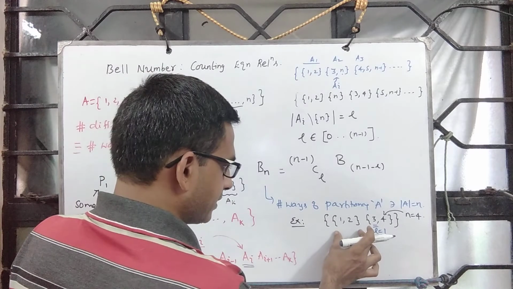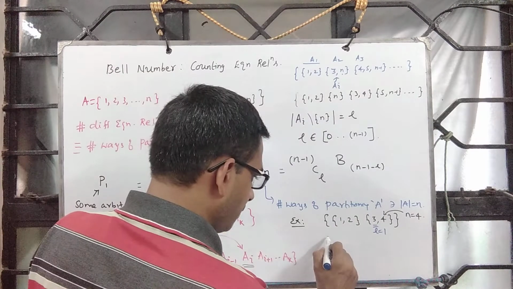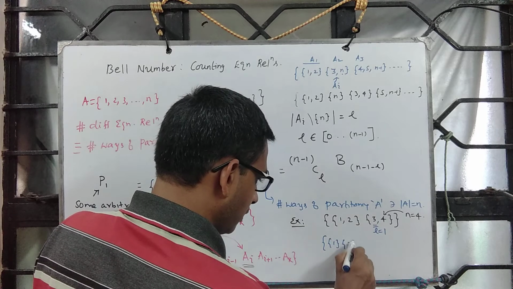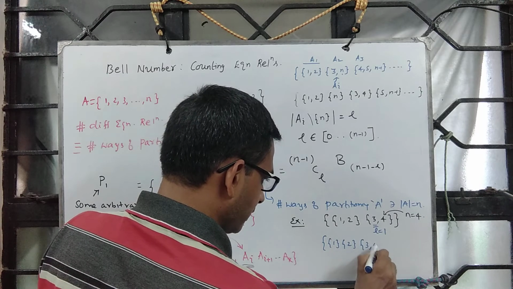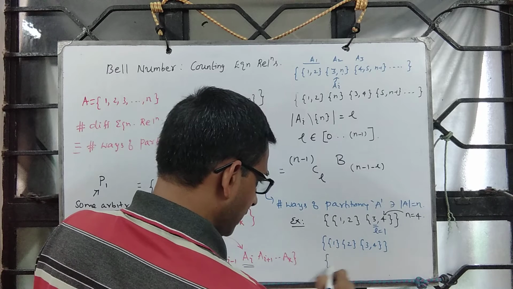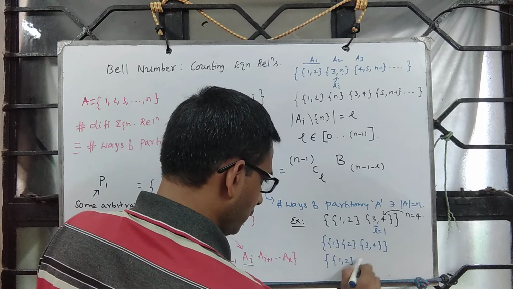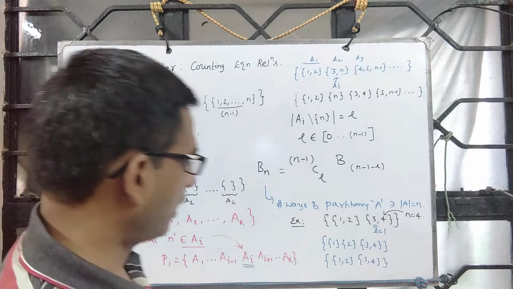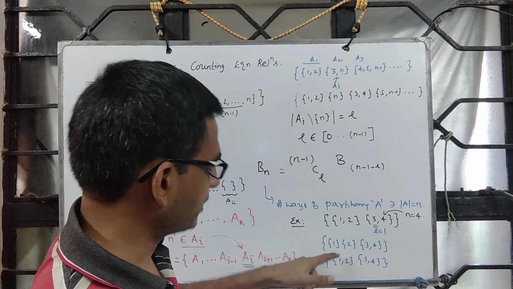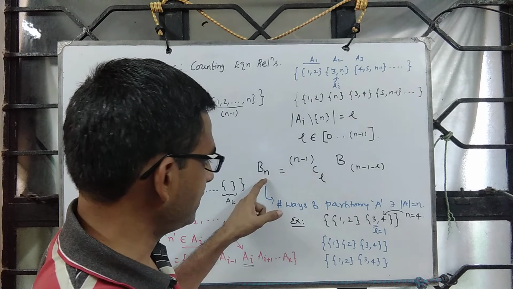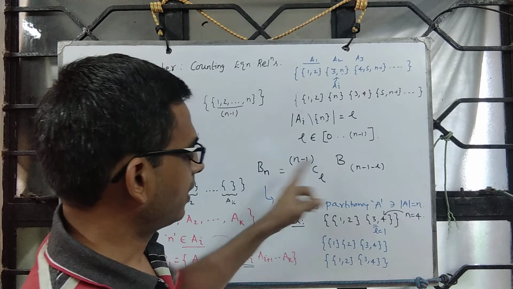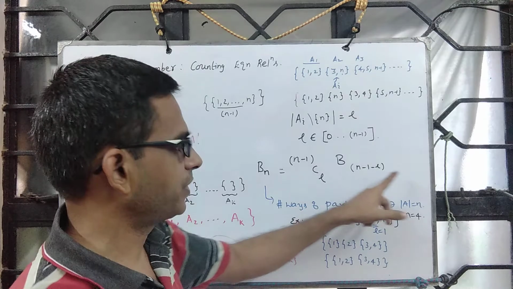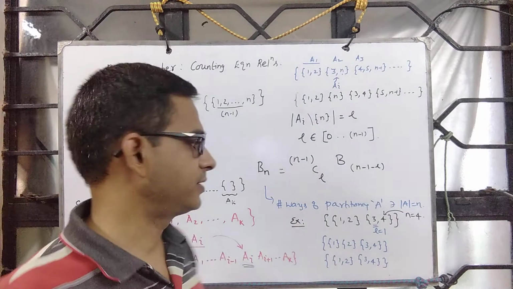The rest of the elements can be partitioned in all possible ways, meaning one can get 1, 2, 3, 4 or 1, 2, 3, 4. And how many different partitions are possible? If there are n elements, then it is Bn. And if there are n minus 1 minus L elements, then it is B of n minus 1 minus L partitions.